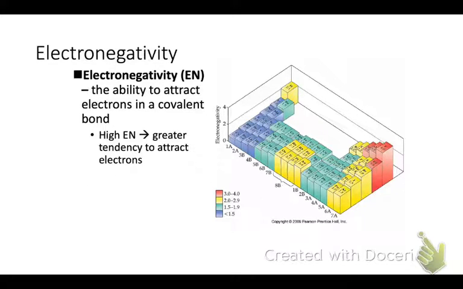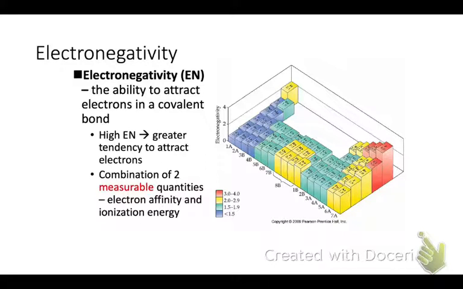The higher the electronegativity, the greater tendency to attract electrons. And those values of electronegativity are a combination of the two measurable quantities that we looked at, which is electron affinity and ionization energy.